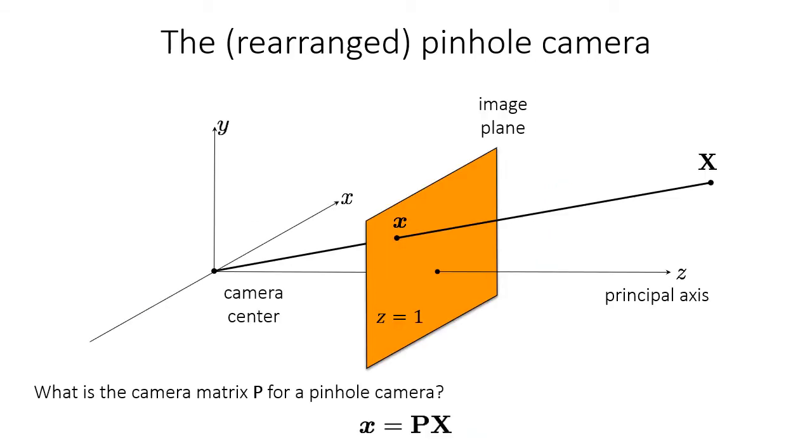In the previous slide, we derived the relationship between the 3D point X and the 2D point lowercase x in this image plane. So what is the camera matrix P for the pinhole camera model to satisfy this equation x equal to PX?